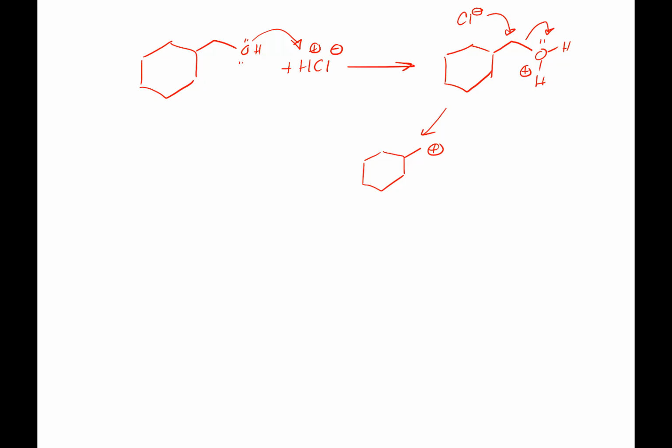What if the system was secondary or tertiary? Then the water would leave. So in this case, that cannot happen. So then my chlorine's going to come in and kick off my water. If this was a mechanisms question, and I said write the transition state, what would the transition state look like?